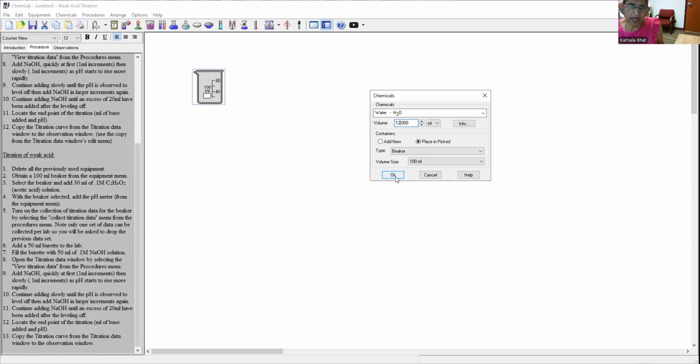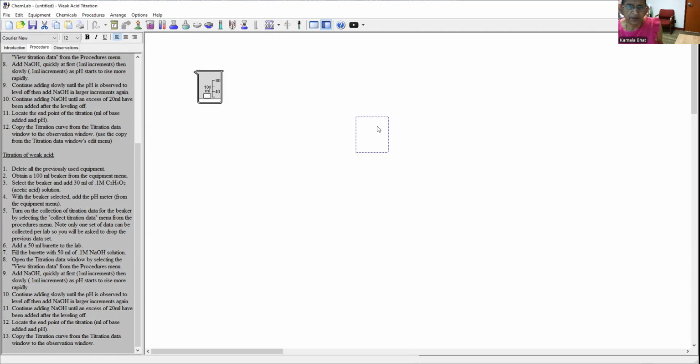Add the volume that is asked for, and then I'm going to add the pH meter. Okay, if you see a pH that is 7, it tells you that you have added water.